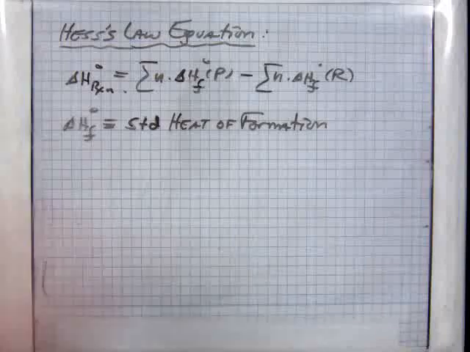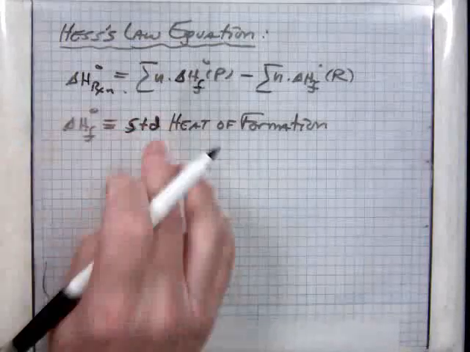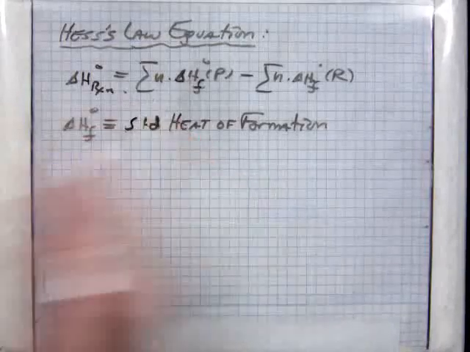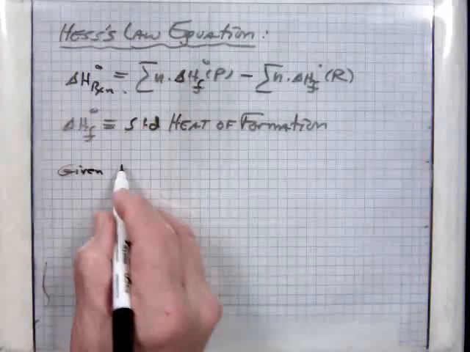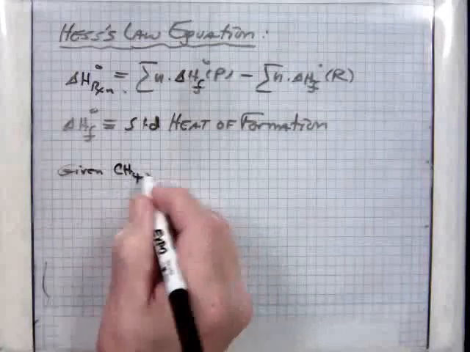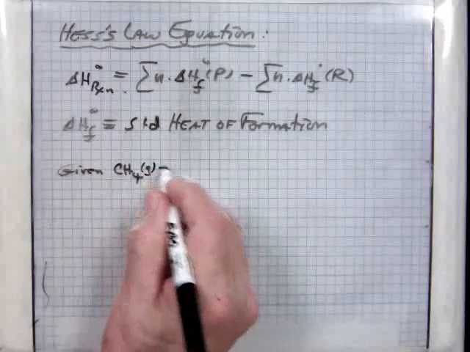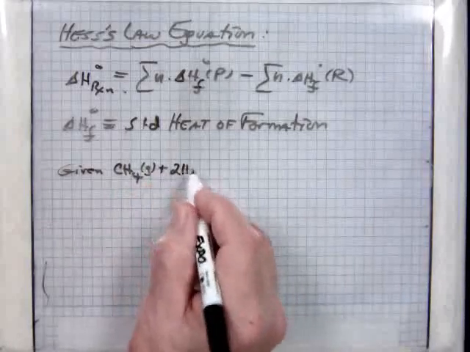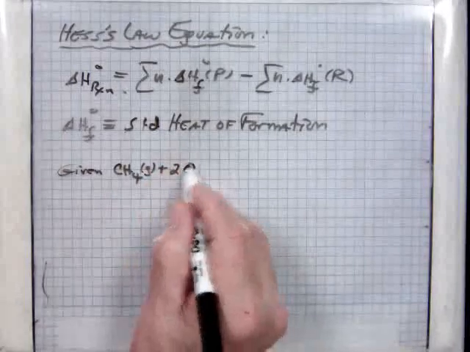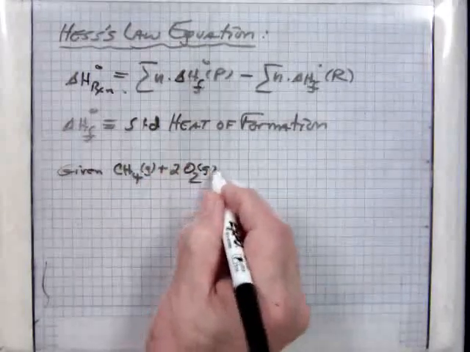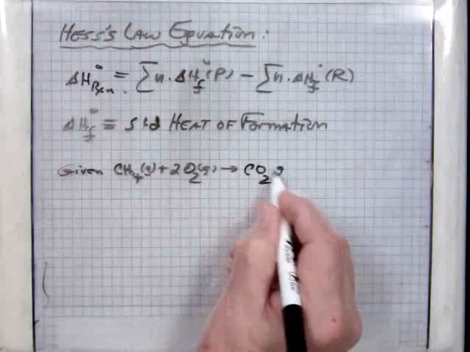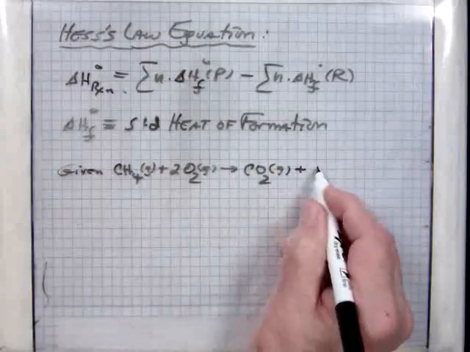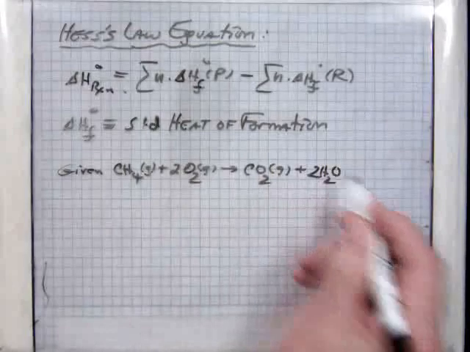Now you'll be given an equation and asked to determine the heat of reaction like this. So you're given, say, CH4, methane in the gas phase, plus 2 O2 gas goes to CO2 gas plus 2 H2O.